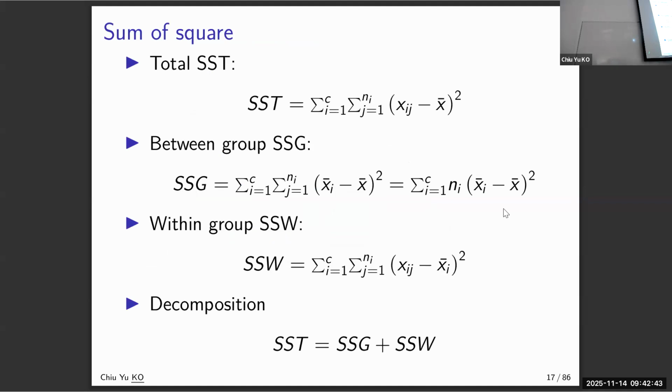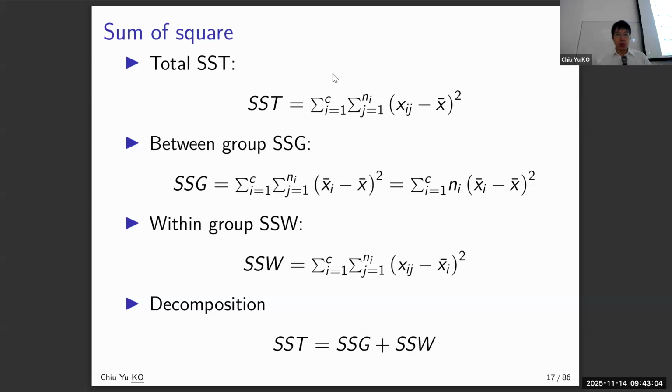The first is called the SST. What it states is you forget about the grouping. You just care about each observation minus the overall mean, right?